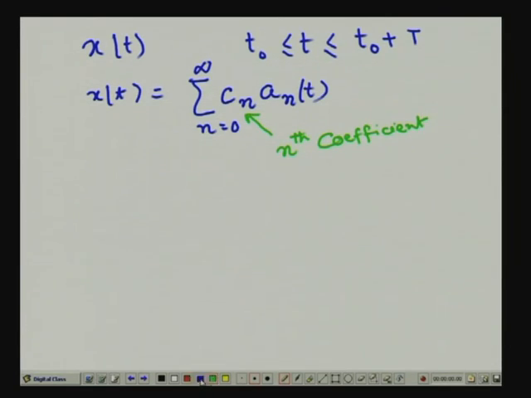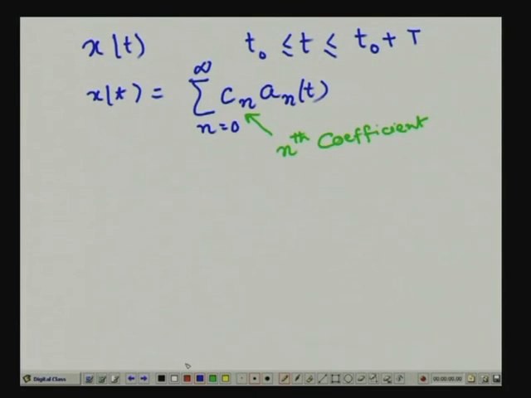Now, the problem is how do we calculate the value of C_n. To calculate C_n, we can multiply both the left hand side and the right hand side by another function from the set of orthogonal basis functions.